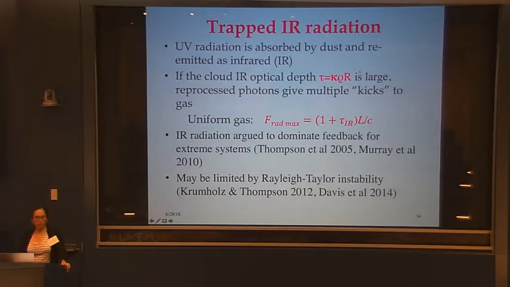And from each of those reabsorptions, you get an additional kick. So for the total radiation force, you get this extra factor to multiply what was originally just L over C. And there have been some suggestions that, in fact, IR radiation is the dominant feedback for the most extreme systems.